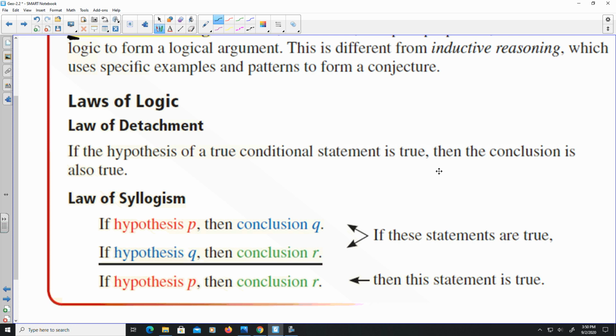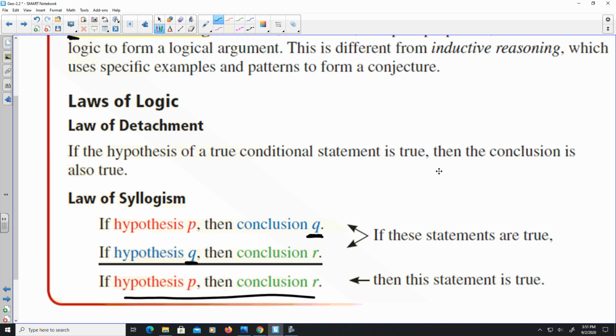And one of the things that you have to keep in mind is if you look here, I have a Q and a Q. One's a conclusion, one's a hypothesis. So as long as you have a statement that is a conclusion in one conditional statement and is a hypothesis in another conditional statement, you can use the law of syllogism to create this third conclusion.